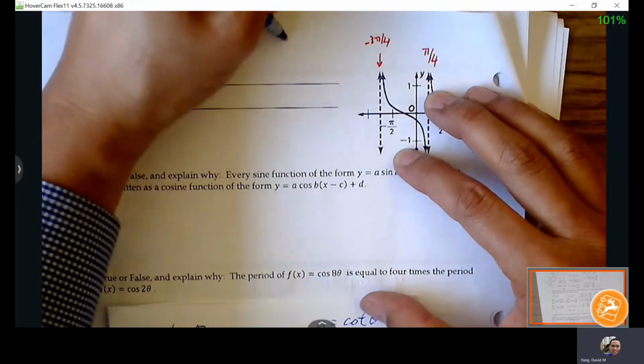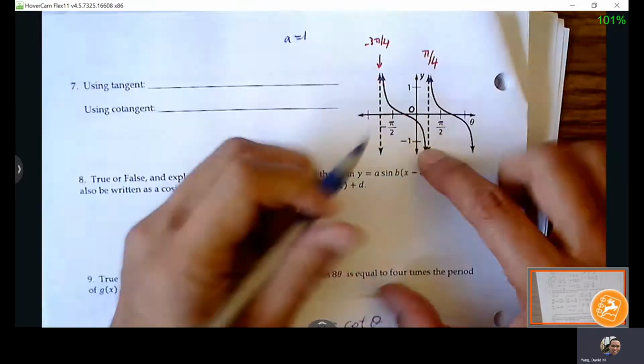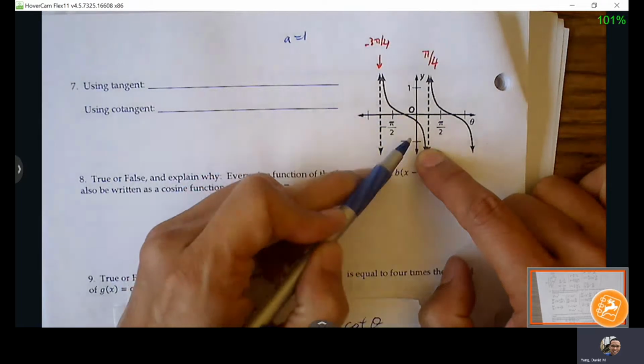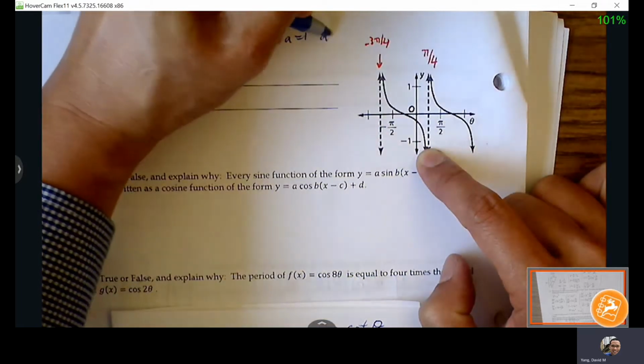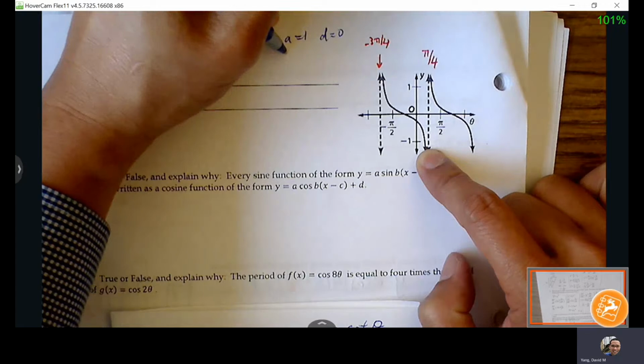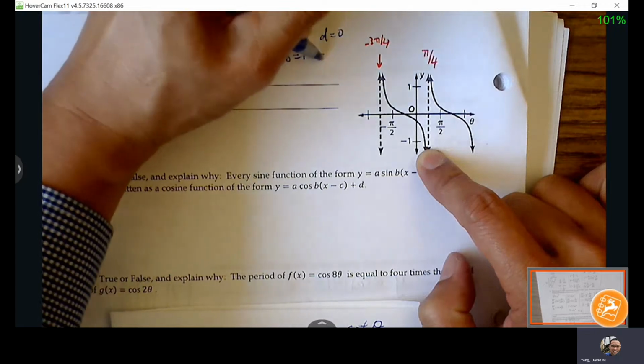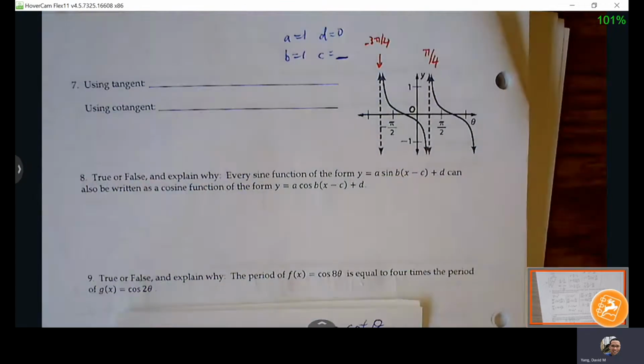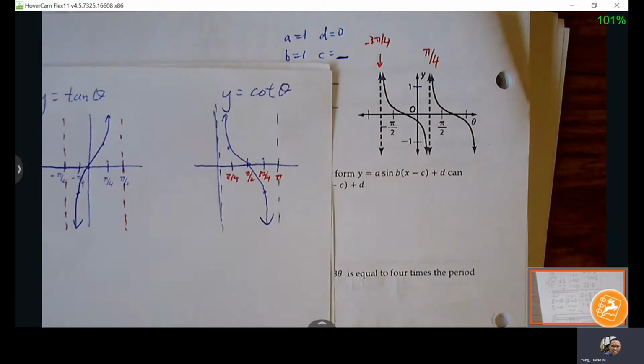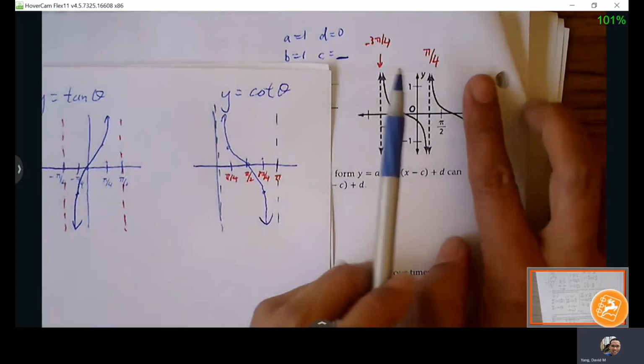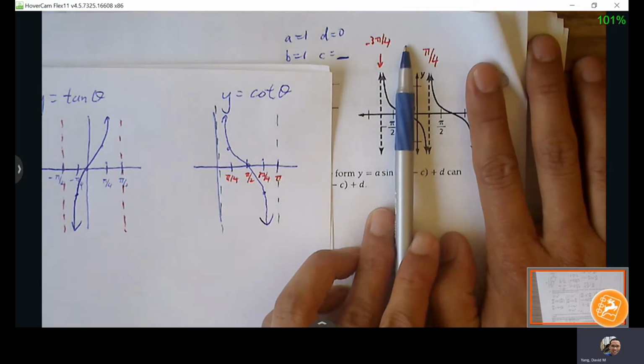So a lot of things are going to stay the same. A is still 1 because we're still going from -1, 0, 1. D is still 0, and our B is still 1. So really it's the C value that is the only thing that needs to be adjusted. If we think about our cotangent, normally we would go from 0 to pi.